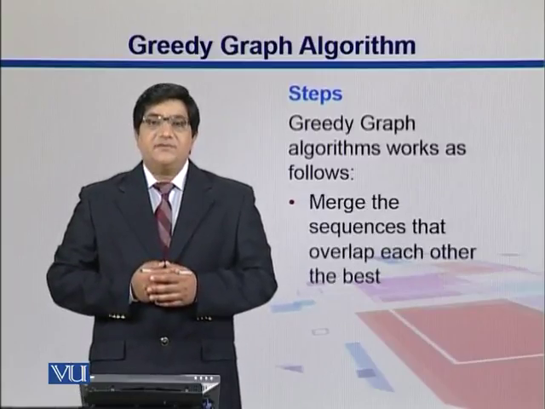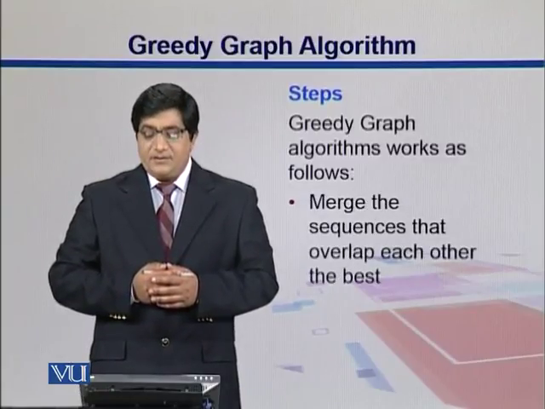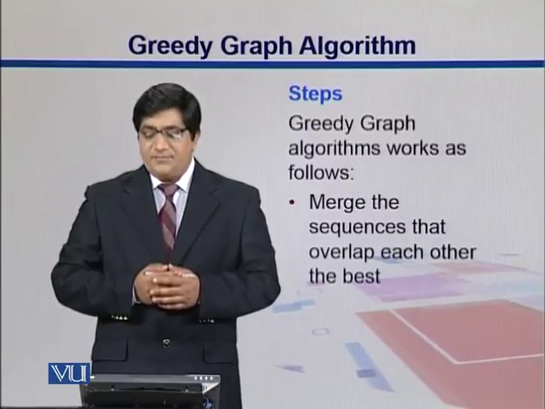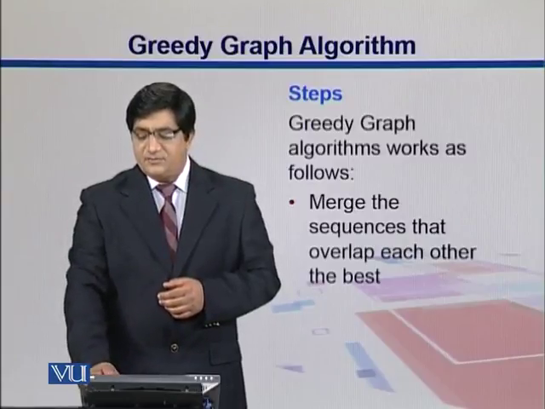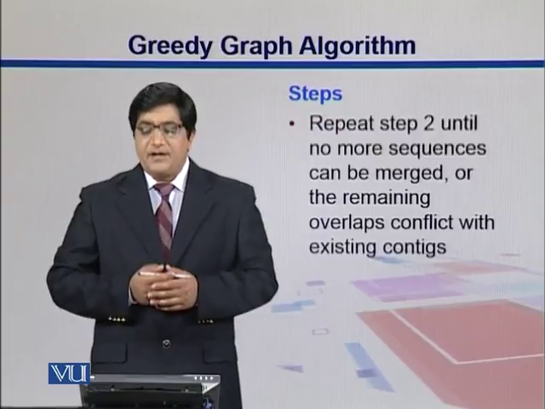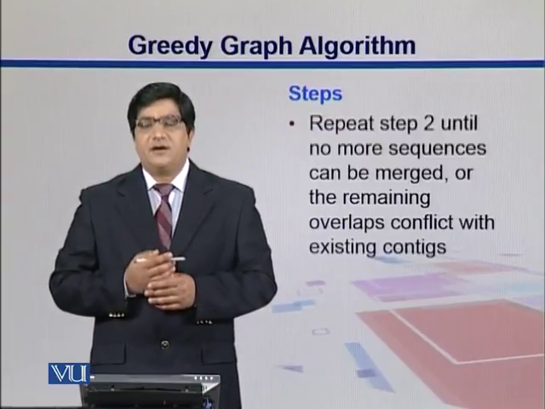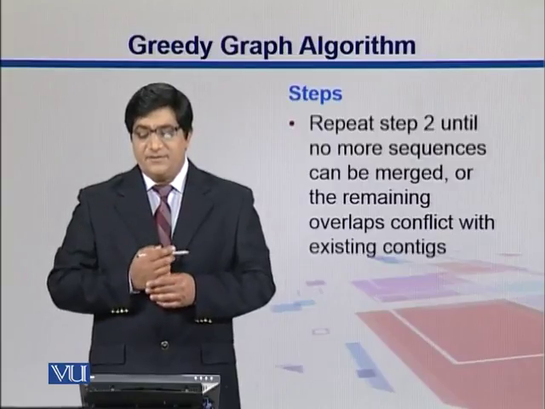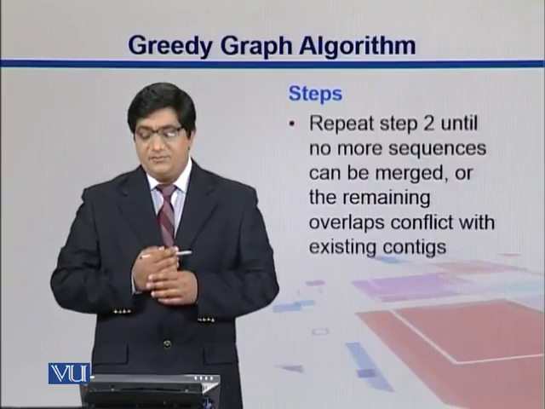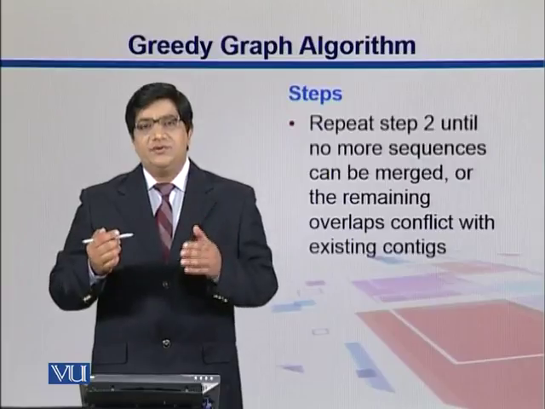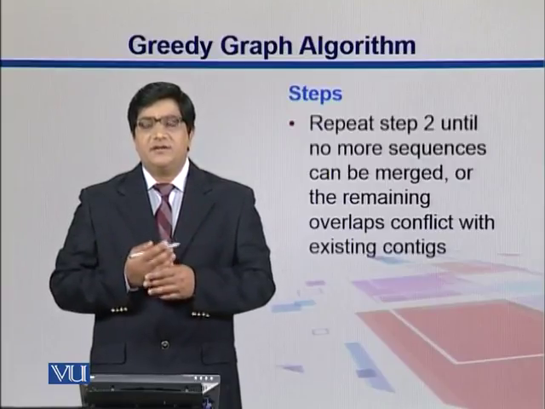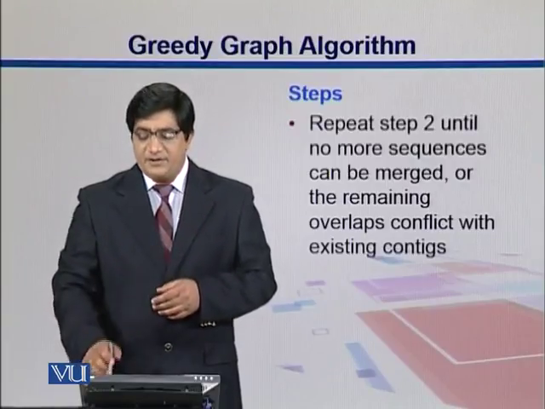So you merge the sequences with one another so that they overlap with each other, and this overlapping is the best. And you keep on repeating this process until you find no more overlaps, or until you find the best overlaps, and then you can put those reads which are overlapping with one another into the shape of those contexts.